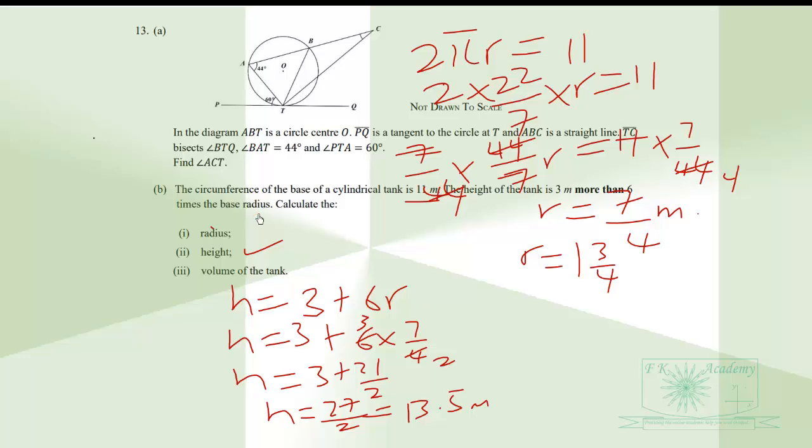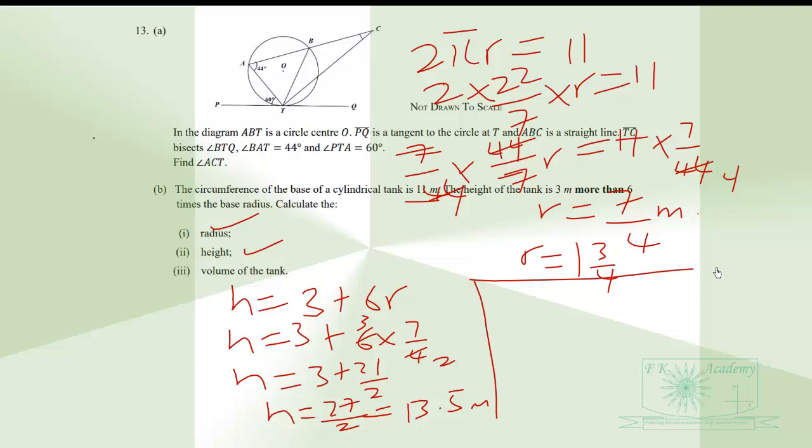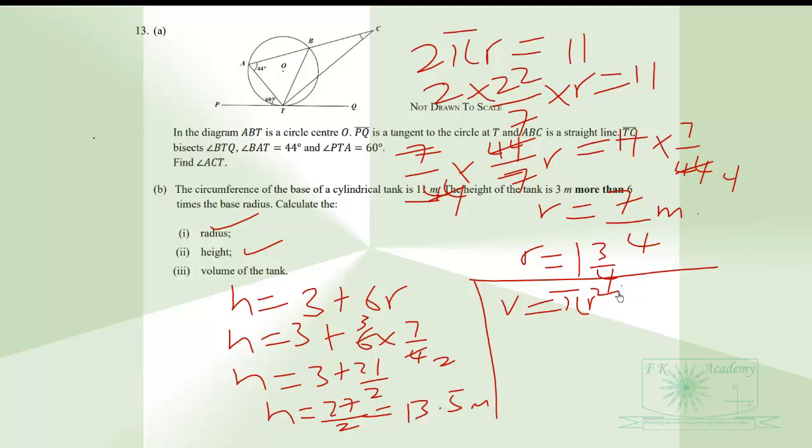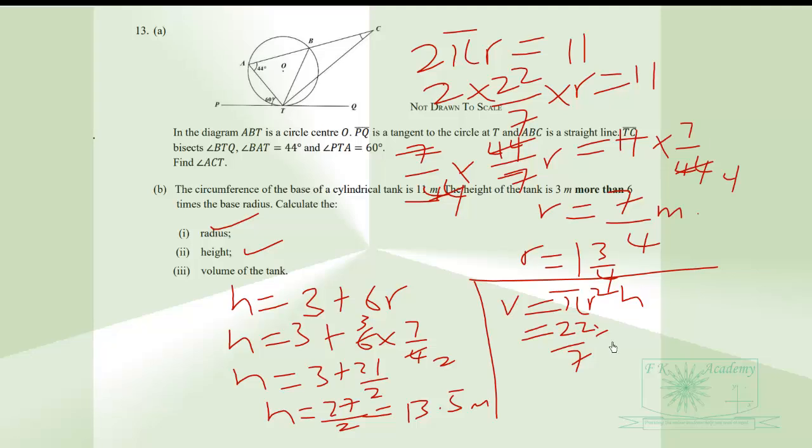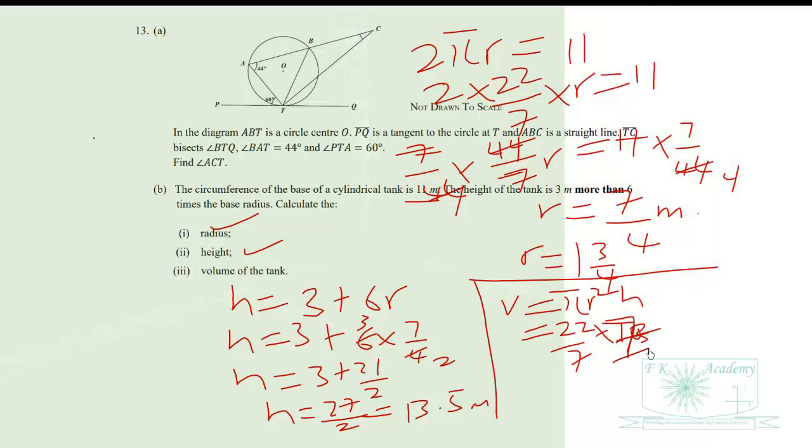That is the height. We found the height and the radius, and we are asked to find the volume. So the volume of a cylinder is given by pi r squared h. So I'm going to use 22 over 7 for the pi, times 7 over 4 squared, times 13.5 meters cubed.